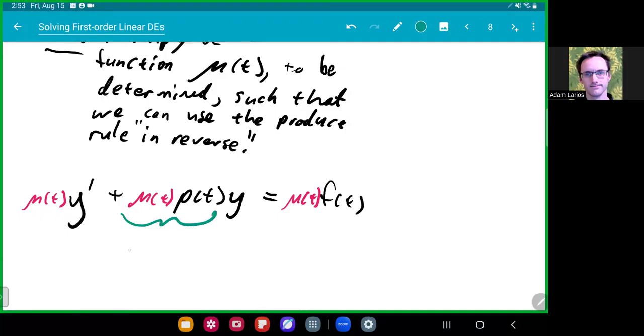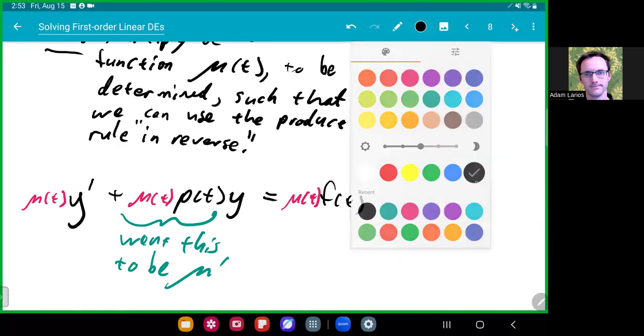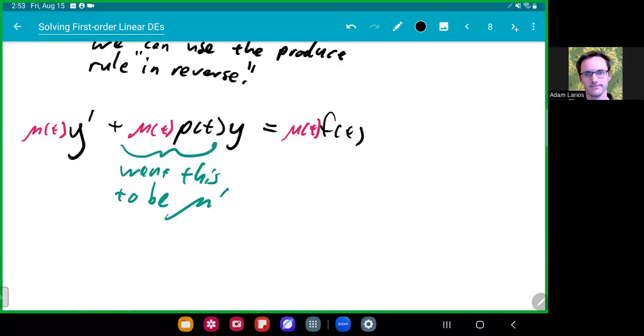So what we want this to be is mu prime. If we can get that thing to be mu prime, we would have mu times y prime plus mu prime times y. We can use the product rule in reverse, just integrate both sides and solve. So how can we get it? Well, we'll just choose mu in that way.